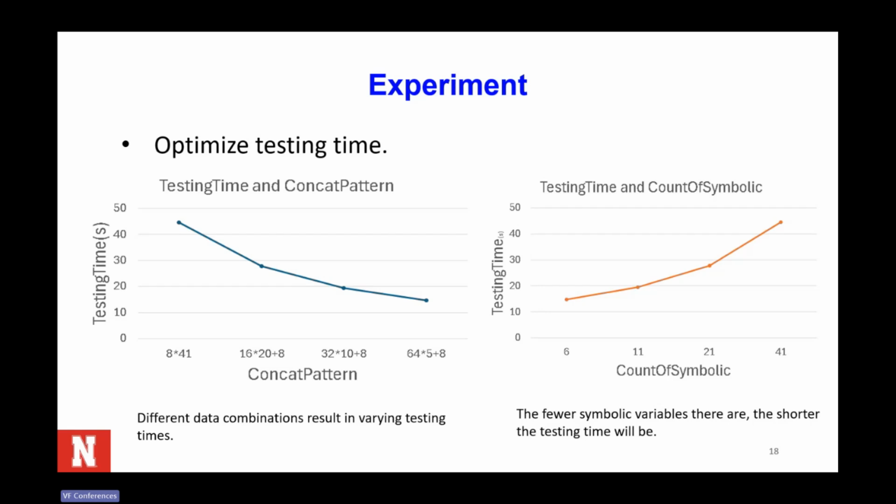If we use the long data type, we get fewer symbolic objects. This could save the memory space, and this could save the time because the symbolic variables are very few.